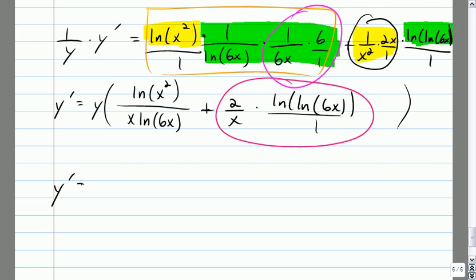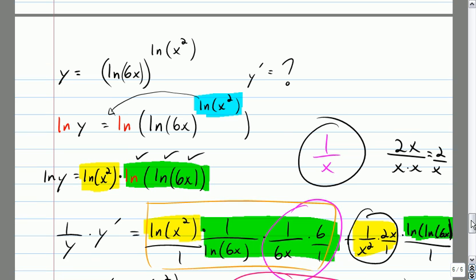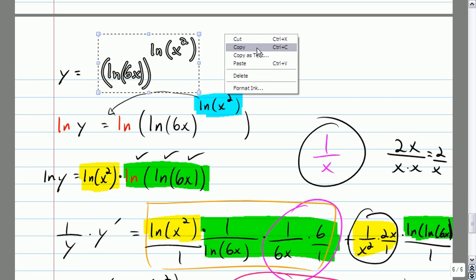y prime equals, let's see, what was y? I want to fill this y in. y was this mess.